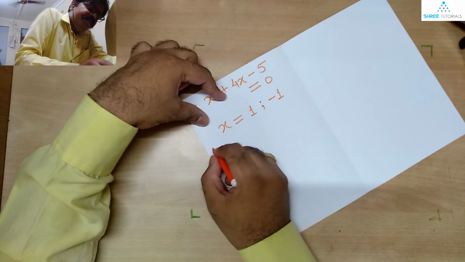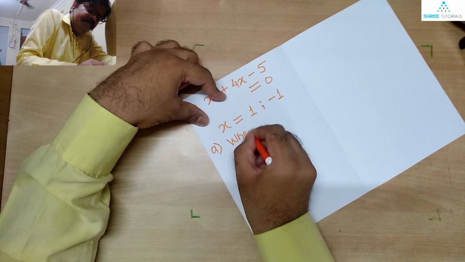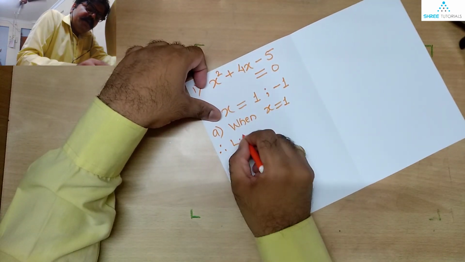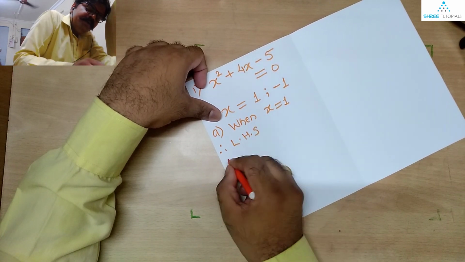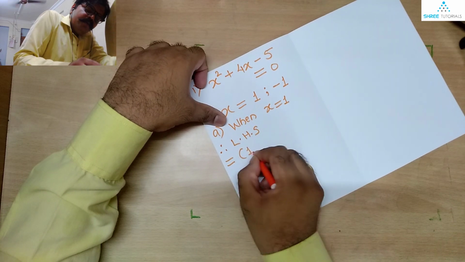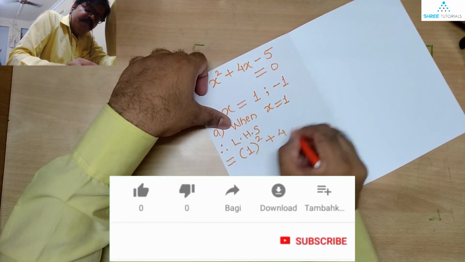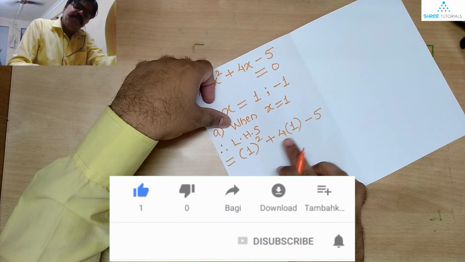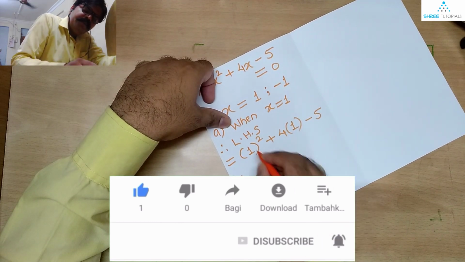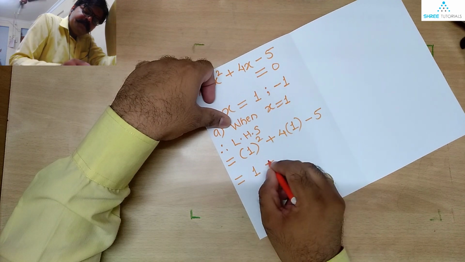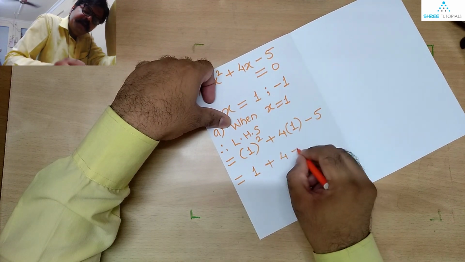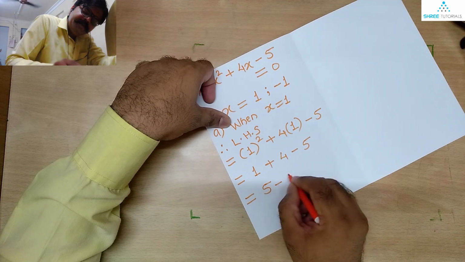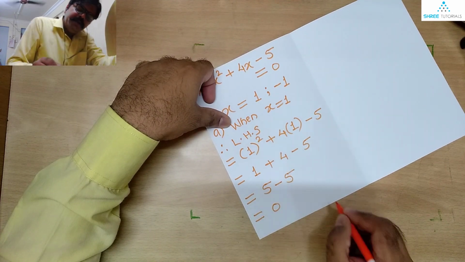Now, initially when x was equal to 1, in such a scenario our LHS is equal to 1 square plus 4 into 1 minus 5. 1 square is equal to 1, plus 4 into 1 is 4, minus 5, that is equal to 1 plus 4, which should be equal to 5 minus 5, and 5 minus 5 should be equal to 0.